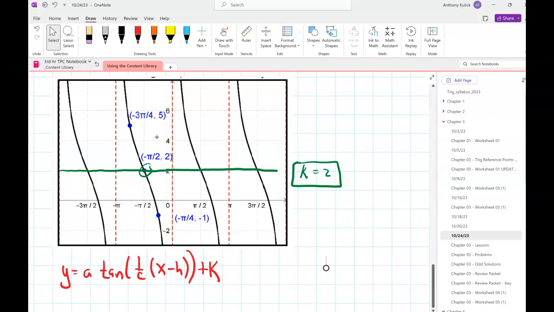The next thing we're going to do is look for our A. When we did this for sine or cosine, we looked for the amplitude to figure out our A. Now, the graph of tangent doesn't have an amplitude, but what I'm going to do is look for the distance from that other given point, and it doesn't matter which one you picked. Actually, let's draw it here.